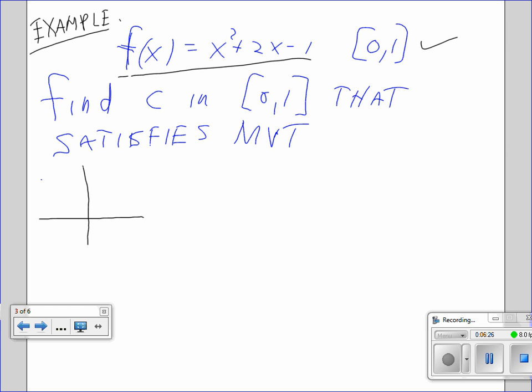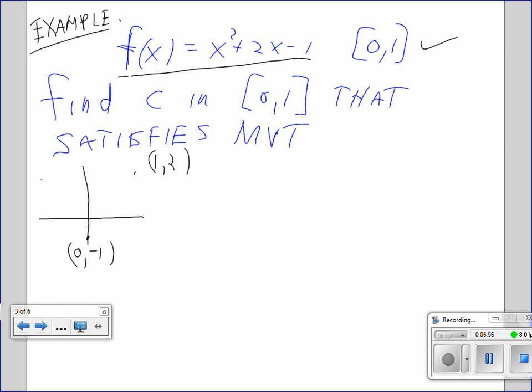If I put in 0 here, I get -1. And if I put in 1, I get 2. So 0, -1, and I get 2 at x equal to 1.